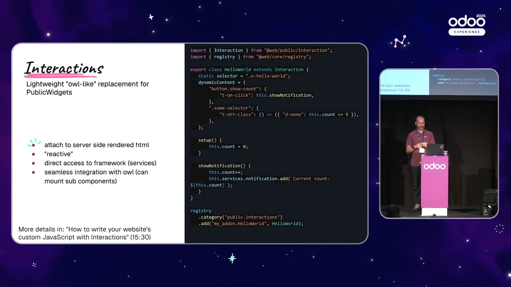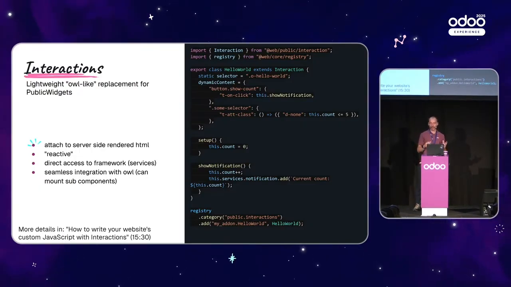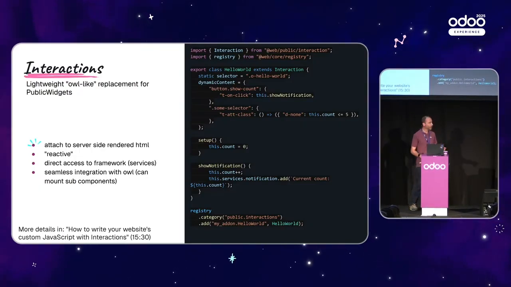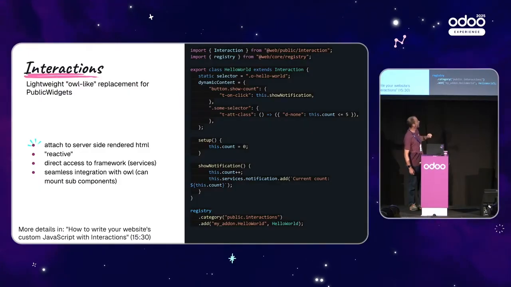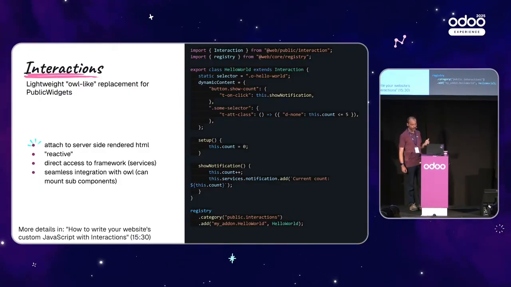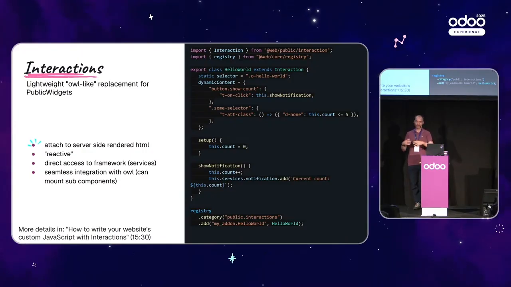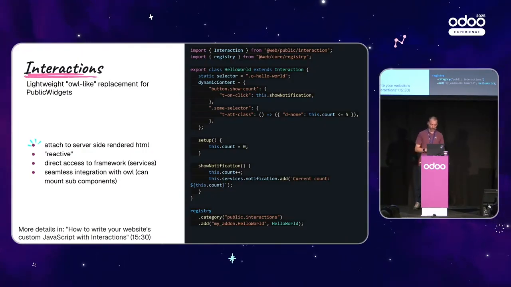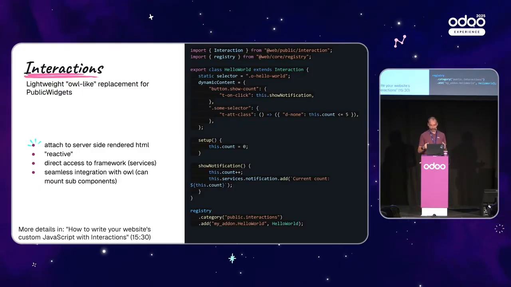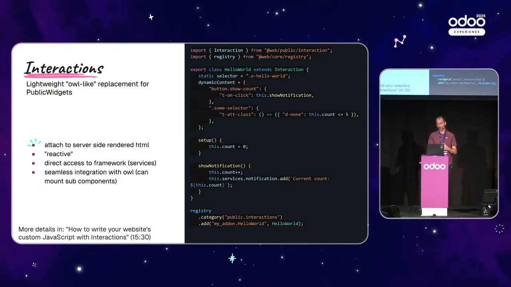And all of that works in a streamlined way in which you can access services as well. In this example, we have a counter value. We increment that and we access the notification system by reading it from the service key. So it makes it much simpler to interact with all services that are started in the current framework. So I think it's a nice change in the website ecosystem.